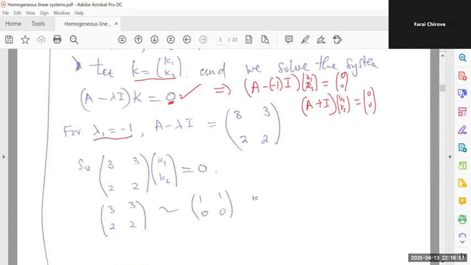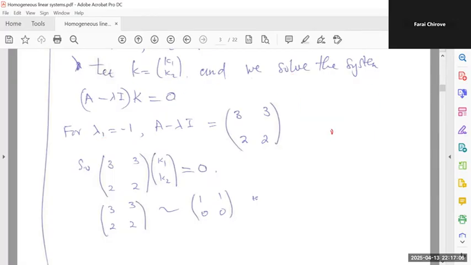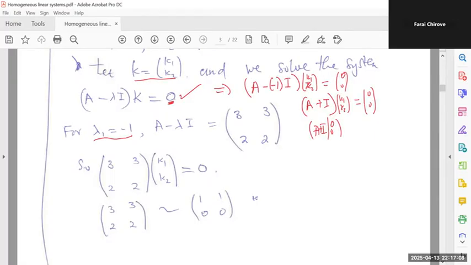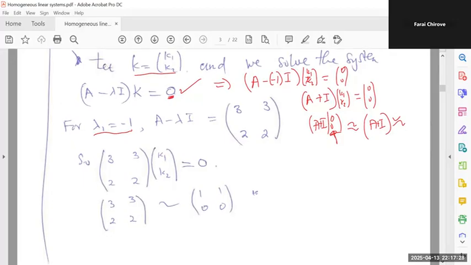So solving that system is just as good as solving the augmented matrix with 0, 0 here. But there's no need of putting the 0, 0 because it doesn't change anything. So you end up just using A plus I, and then do row operations until it is in reduced form, until you can find K1 and K2.